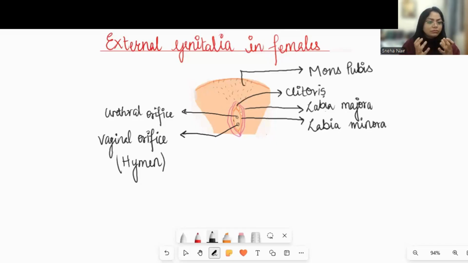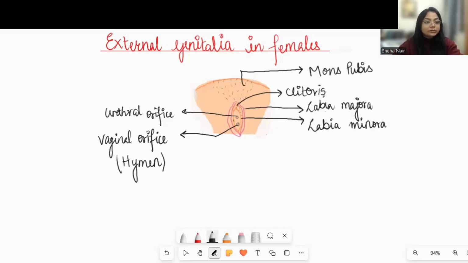There can be many reasons. So the presence or absence of the hymen doesn't tell about the virginity of a person. So these are the various parts of the external genitalia.